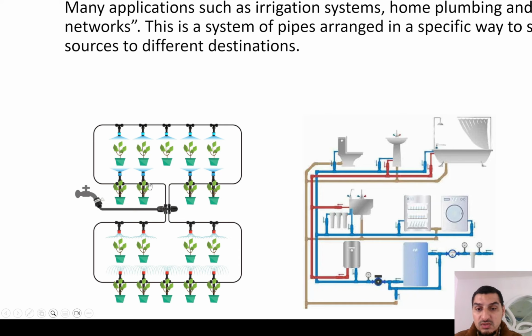So it's very common to have this kind of pipe network, and when it comes to calculations, pipe networks are much more complicated than regular pipe systems. Of course, as you have more branches and more details in the network, it gets more complicated.